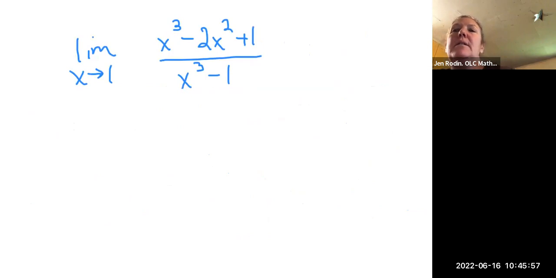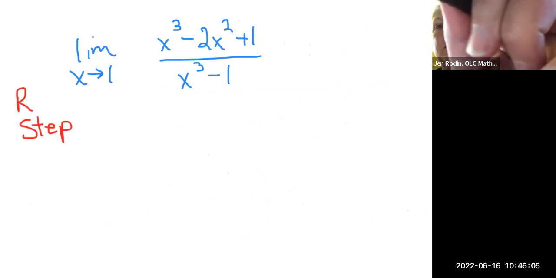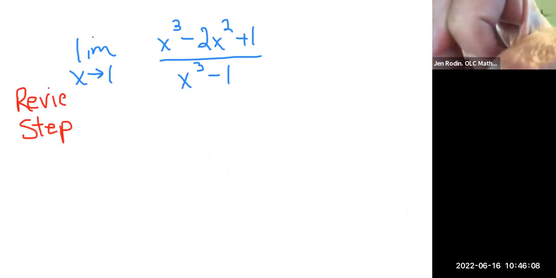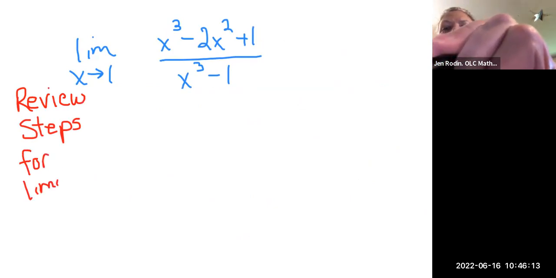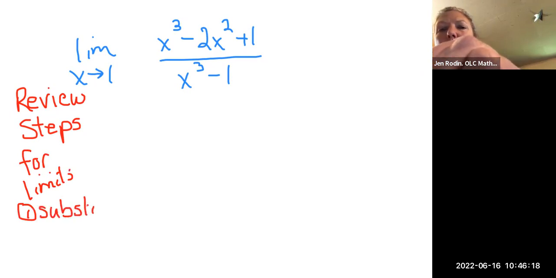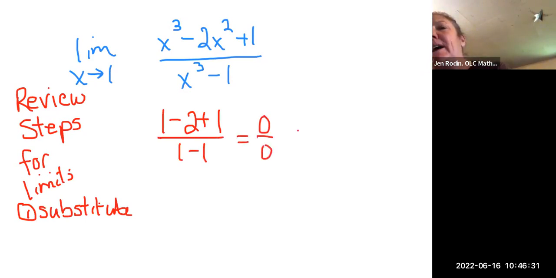And the first step is always, could I just substitute in 1 and see what I get? That would be the best. Review the steps for limits. So step 1 is substitute. If I substitute, I'll get 1 cubed, 2 times 1, 1 minus 1. So I'll get 0 over 0. That is my problem. It's indeterminate.